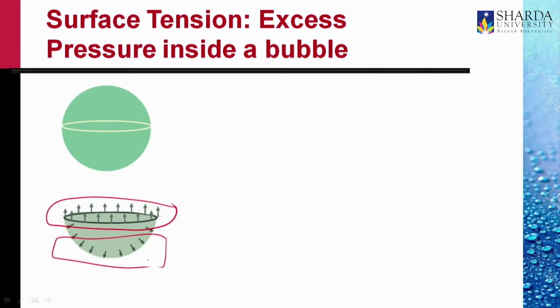A bubble would have two sides of the surface. One, the outside, in contact with the outside air, and one inside, in contact with the inside air. So the total surface tension force would be sigma times 2 times 2 pi r.